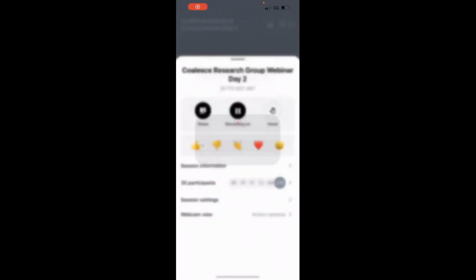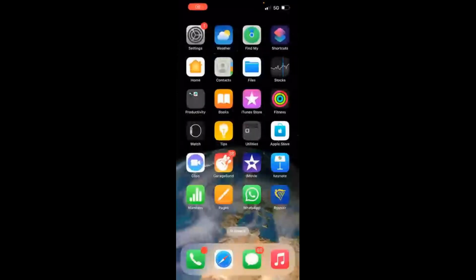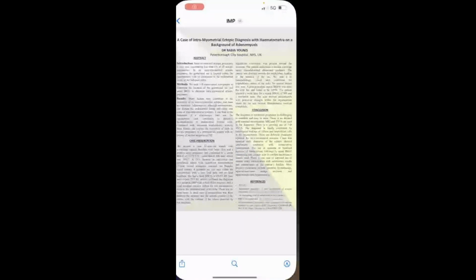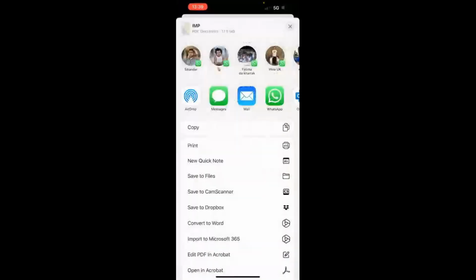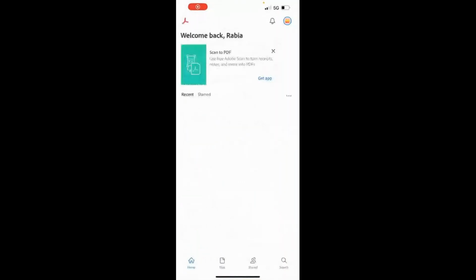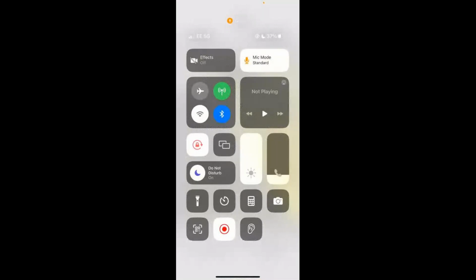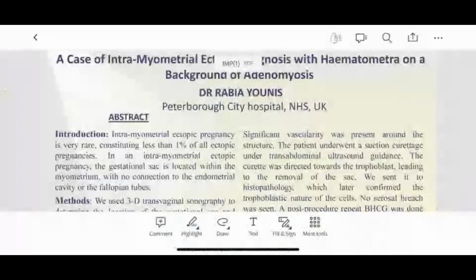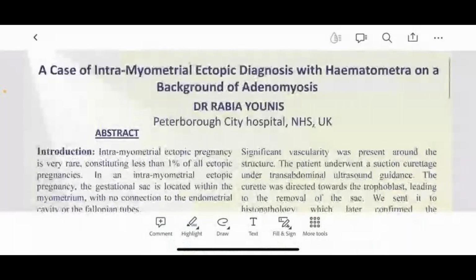Kindly click on the share button, then click on the entire screen option. Yes, your screen is visible. Please place your mobile in landscape mode. Yeah, I'll do it. Just give me one second. Sure. Can we see? Yeah, that's perfect. Please go ahead.